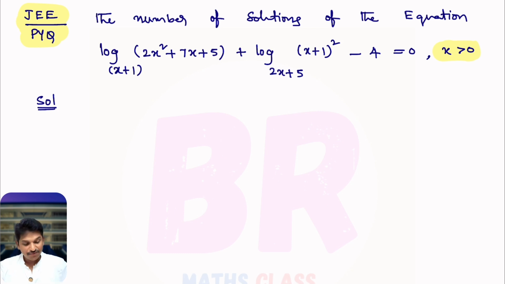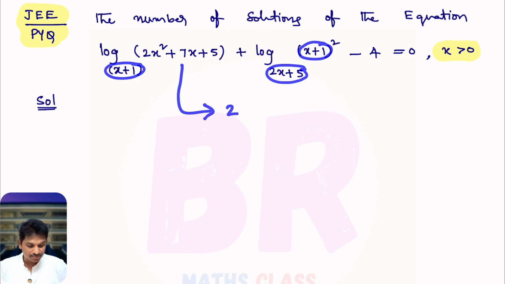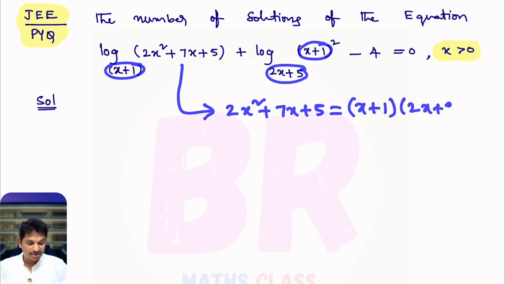If you observe this equation, x plus 1, x plus 1, 2x plus 5 is there. I'll split the middle term: 2x square plus 7x plus 5. If I split the middle term, you can observe that this is x plus 1 into 2x plus 5.